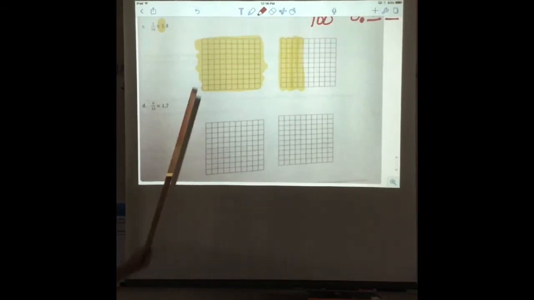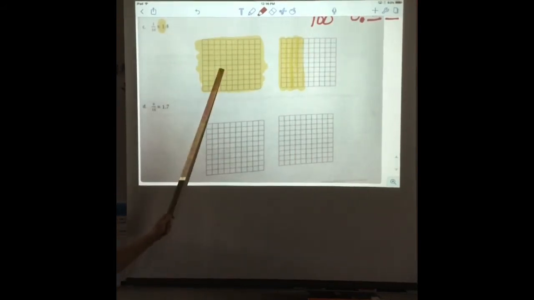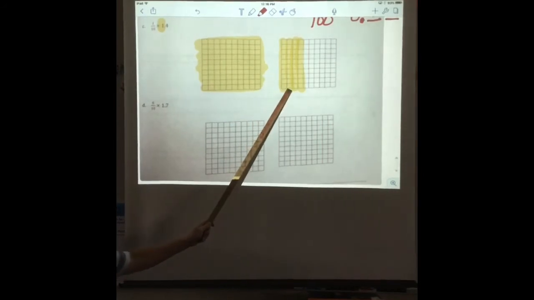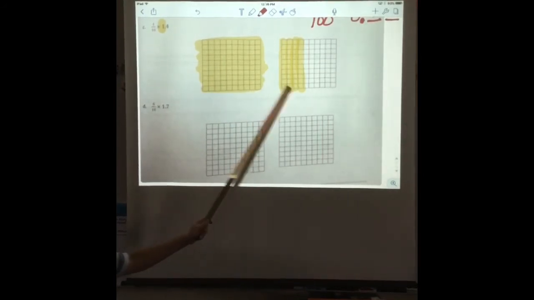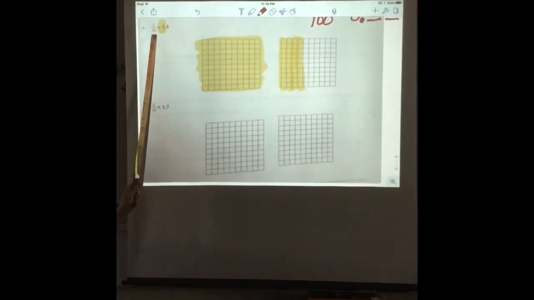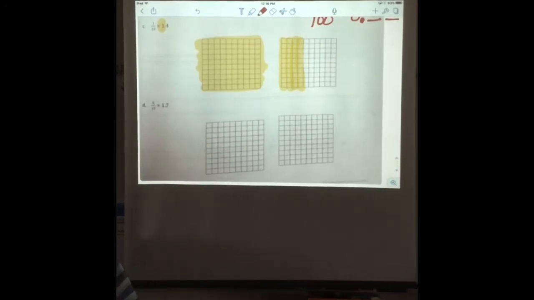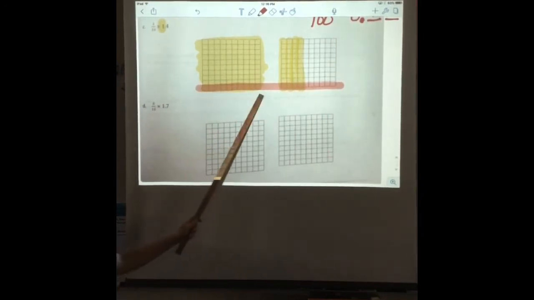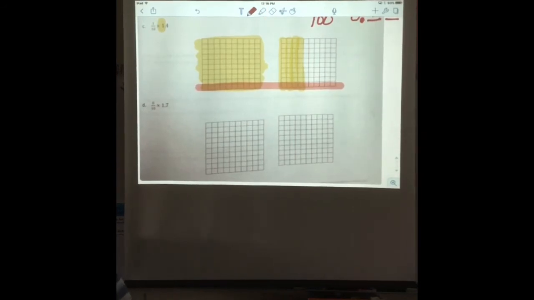Now, I've got 1.4, and I'm going to multiply it by 1/10. So how much am I going to highlight now? Well, I'm just going to highlight 1/10. Does that make sense? So, how many boxes do I have here?